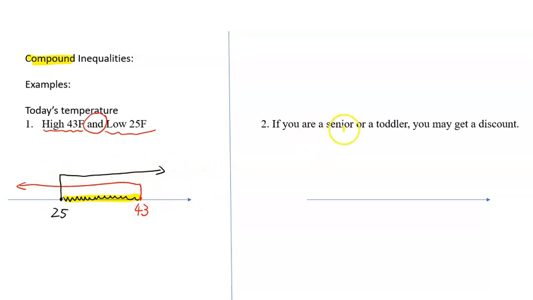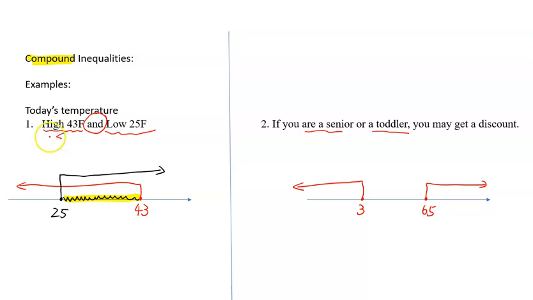Now, the second example: if you are a senior, so usually let's say senior is 65 years old and above, or toddler, let's say it's 3 years and below, and you may get a discount. So notice that we also have two inequalities, just like we had here.